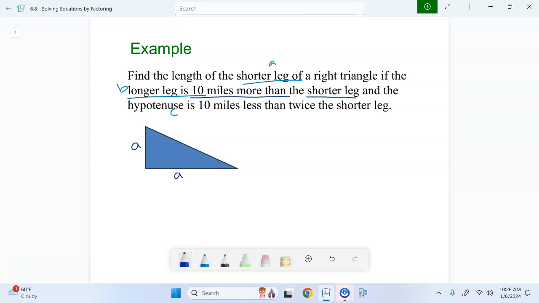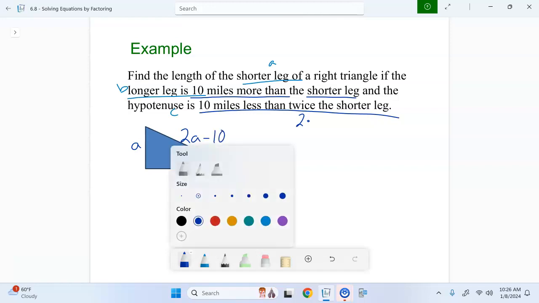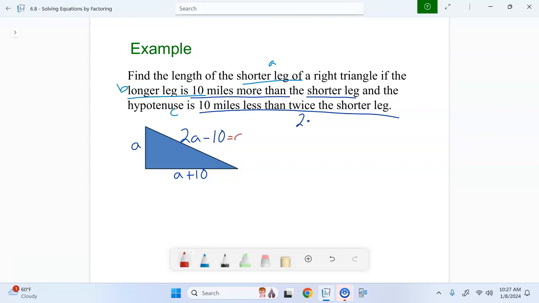So we'll take our shorter leg and add 10 miles. And we know that the hypotenuse is 10 miles less than twice the shorter leg. Twice is 2 times, so we take our shorter leg, multiply it by 2, and then subtract 10, and that'll give us our hypotenuse.